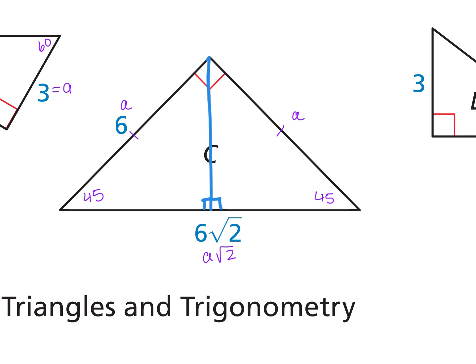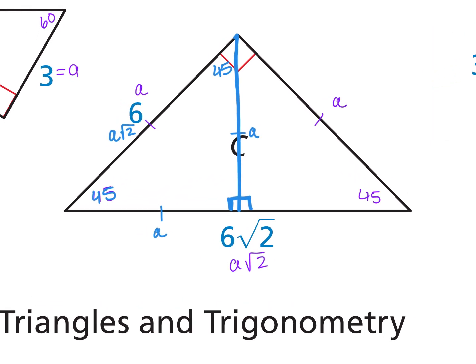Keep in mind, if this was a 45, 45, 90 triangle and I went straight down, this will continue to make it a 45, 45, and 90 degree down here. So if 6 is my hypotenuse, 6 would be my A radical 2. This is my A. This is my A. Again, they asked me to solve for my altitude. So my altitude would be considered my A.